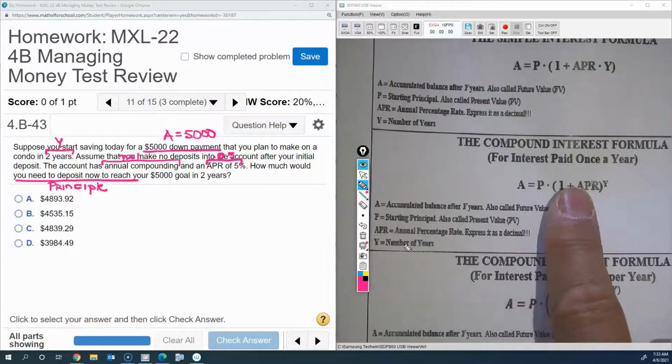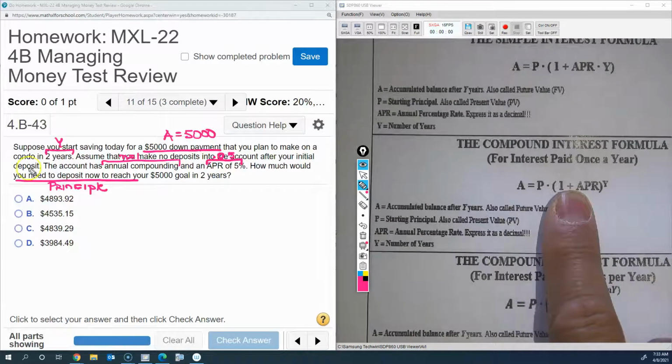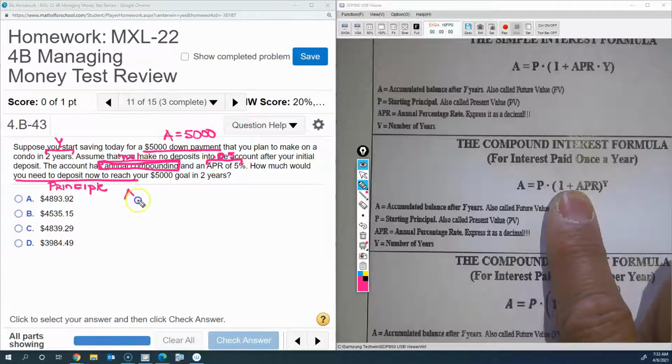So we're gonna be using this because it says annual compounding. All right, so I plug in these values. Okay, but now I know what this is, but I don't know what P is.